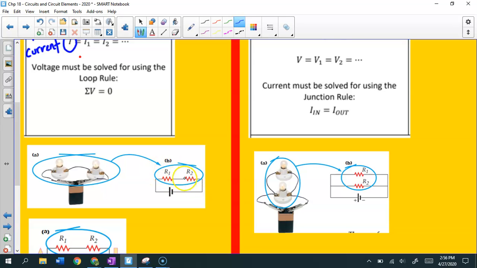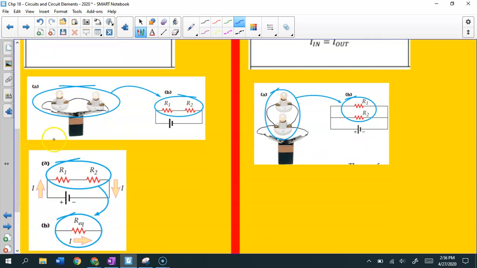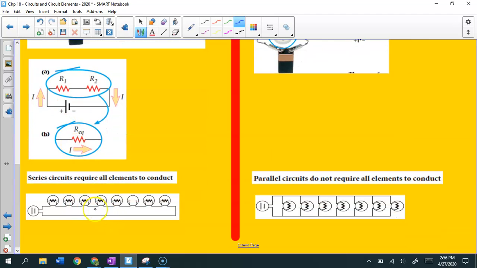That's what I was trying to explain to you. So power is brightness, right? So you want to look at the power rating on each one of these to figure out how much power each bulb is getting, right? So in a series circuit, notice how if you were to cut any piece of the wire, right? Let's suppose one of these light bulbs were to go out, right? Look at this diagram down here.